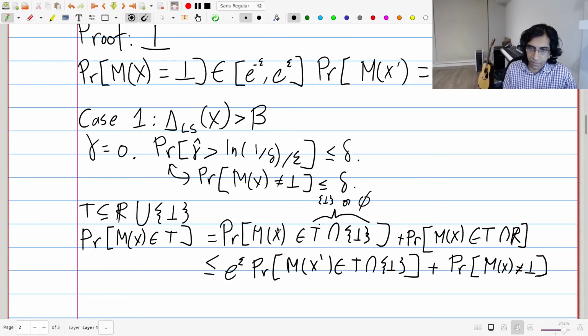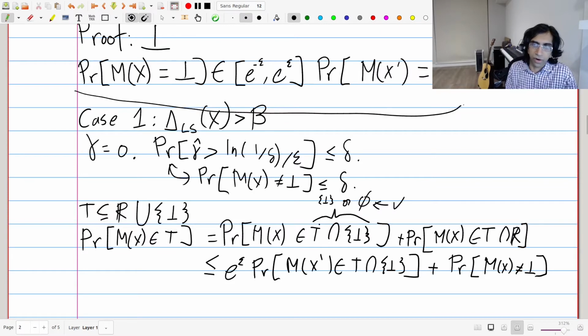That is, the probability that M(x) is in the empty set, which is the same either way. In that case, this inequality vacuously holds no matter what. Whereas if it's just equal to bot, then we have it from the fact we proved before. So that's why this inequality holds.